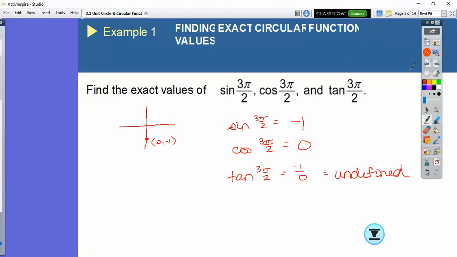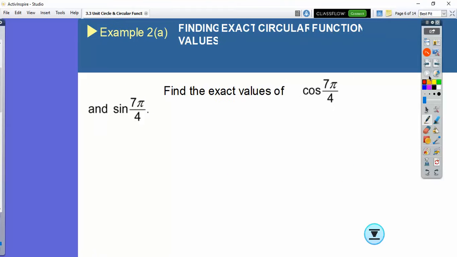Okay, here's your problem. I want cosine and sine of 7 pi over 4. Okay, so we've done these before. What quadrant is 7 pi over 4 in? 4. Reference angle, you just ignore the 7, is pi over 4, which is like 45 degrees. In quadrant 4, is cosine positive or negative?